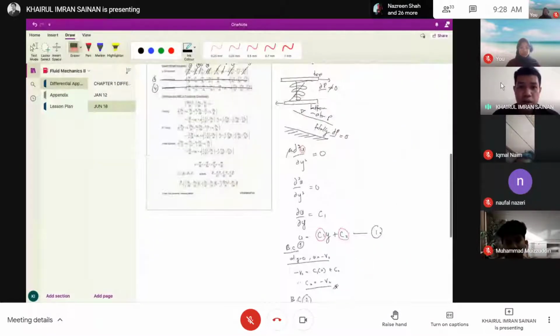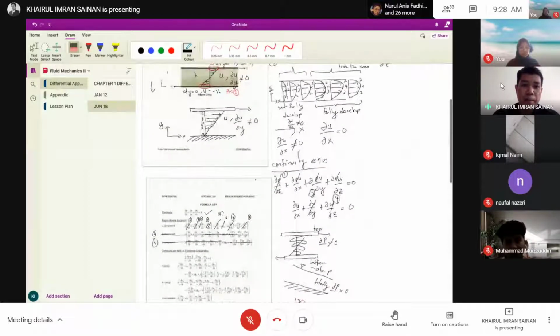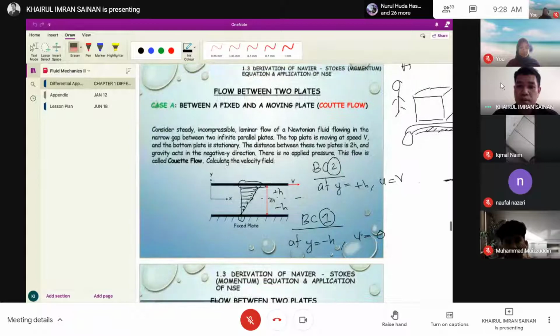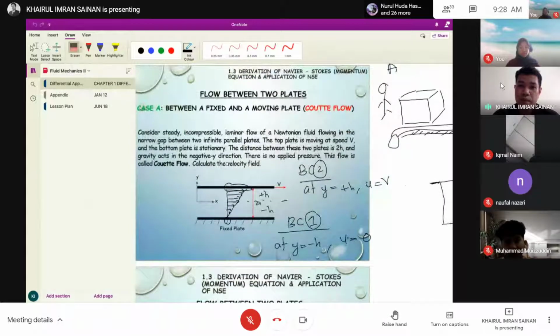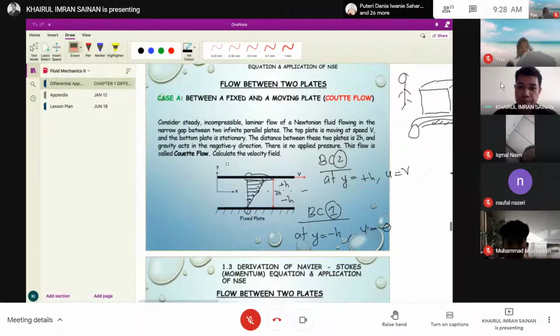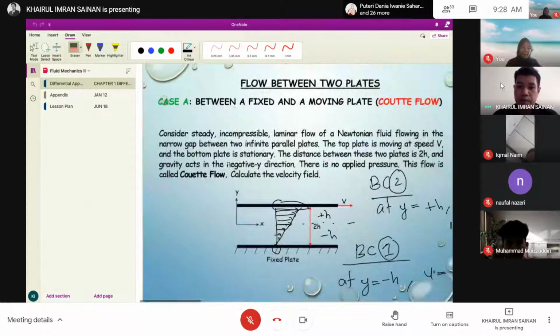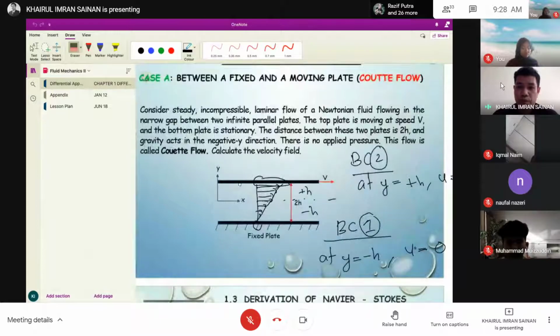Okay, so now we get back to our problem, case A and case B. You have a fixed plate at the bottom and a moving plate at the top.